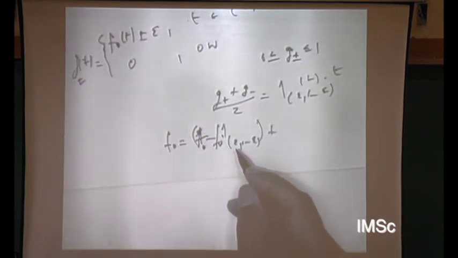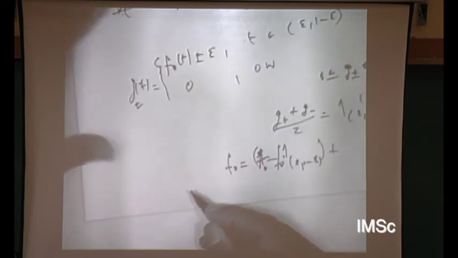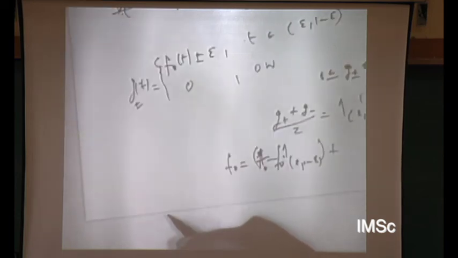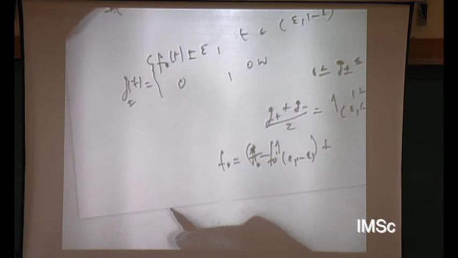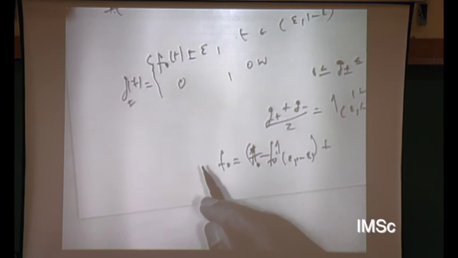I'm making a mess here. See, basically I'm saying look at the function f naught on this piece. There I've written it as an average of two things. And those two things stay between 0 and 1.